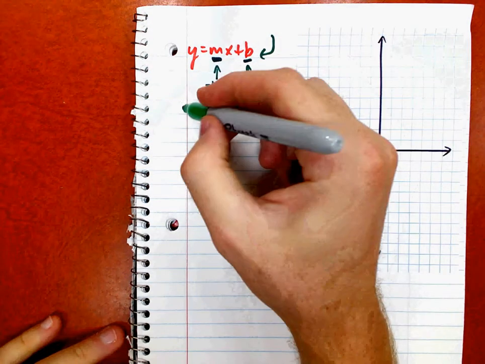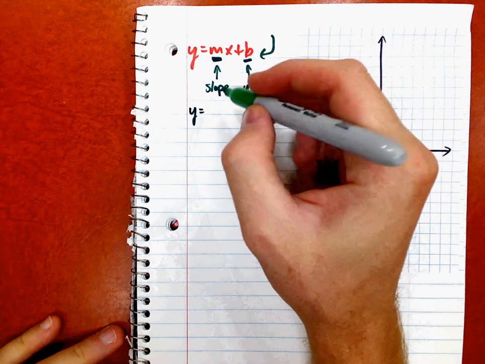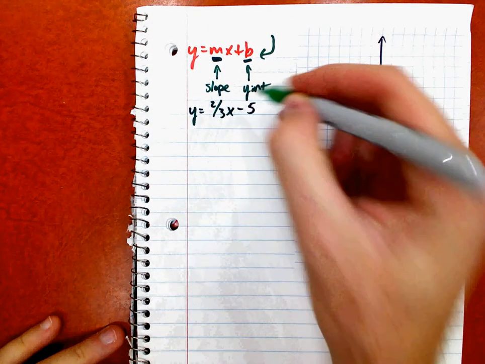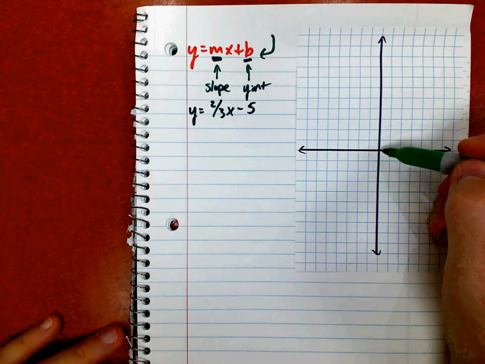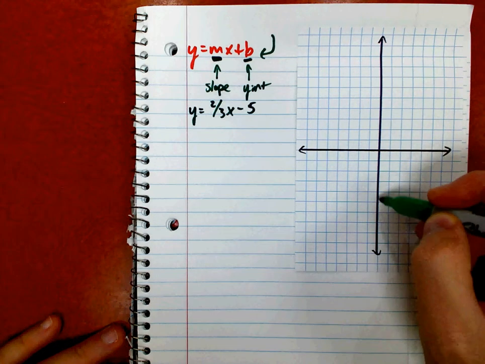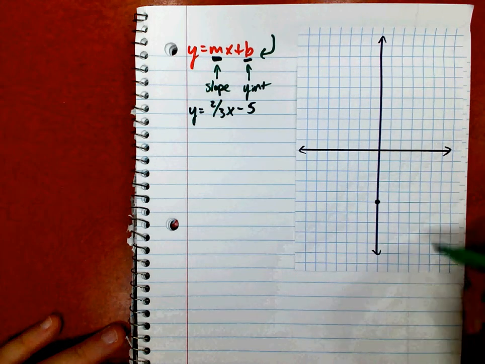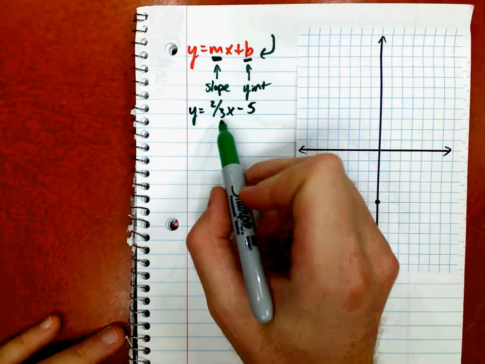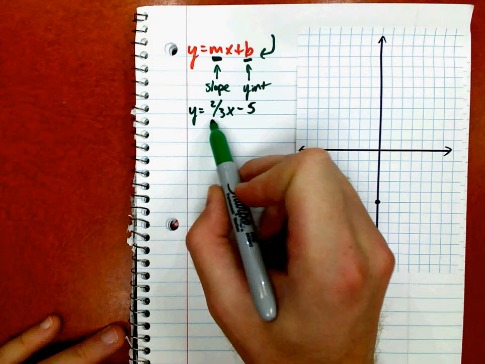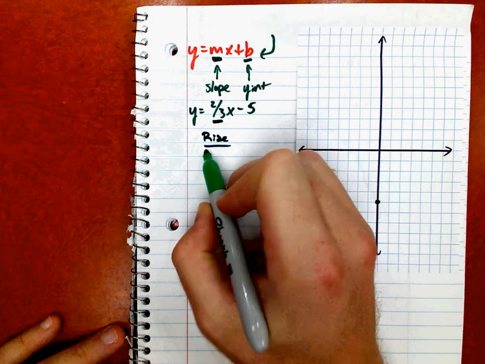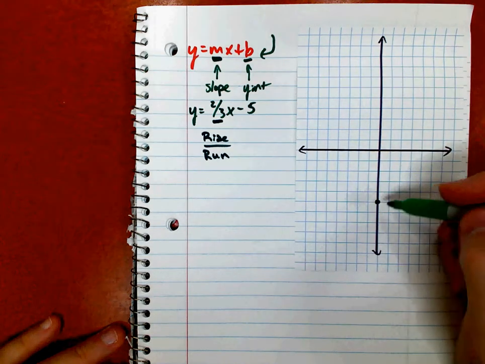So just as a short example here, if we're looking at y equals 2/3 x minus 5, then I know that I can start graphing the equation by locating the y-intercept along the y number line of -5 and finding the next point by rising 2 and running 3, because the slope here is 2/3 and slope is the rise over the run.